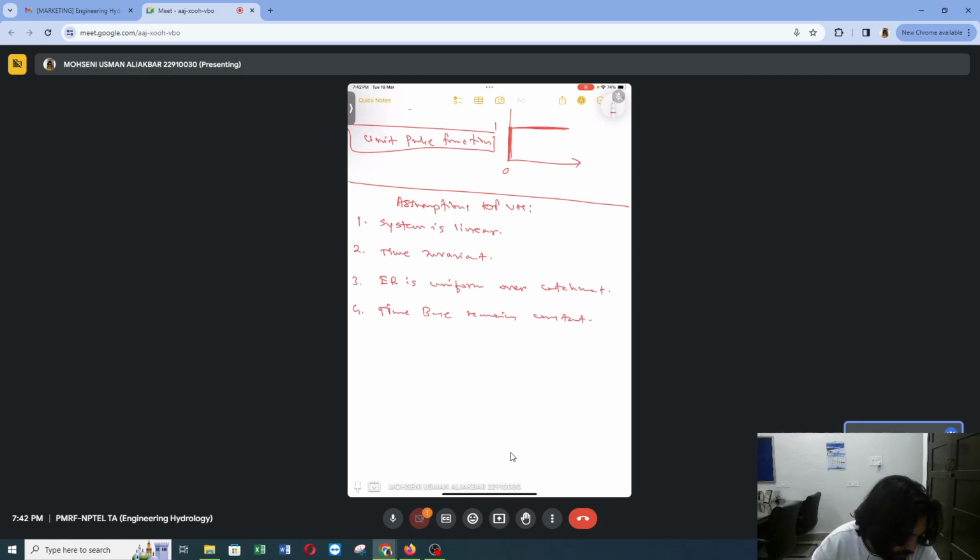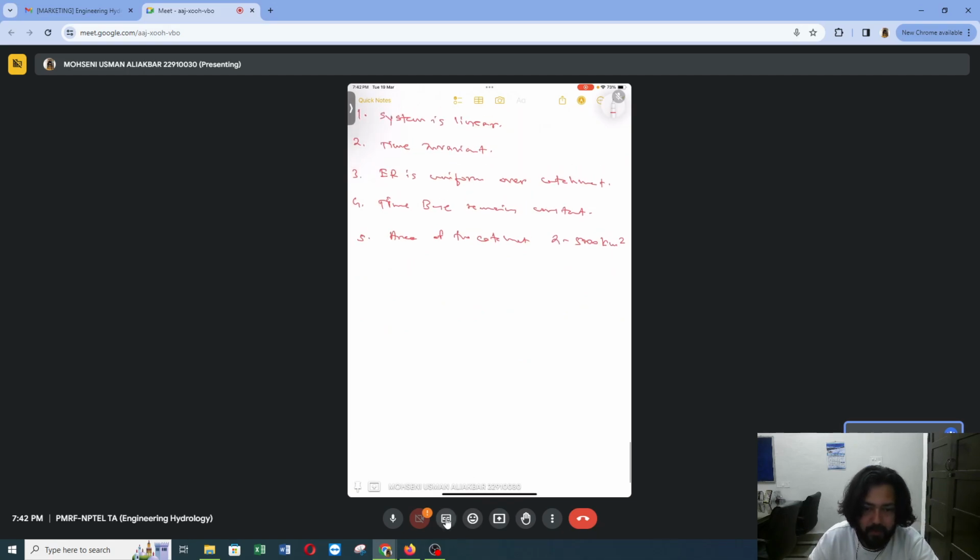The last assumption is that the area of the catchment should be between 2 to 5,000 square kilometers. So to recap: the system is linear, it is time invariant, the effective rainfall is uniform over the catchment, the time base remains constant, and the area of the catchment should be between 2 to 5,000 square kilometers.